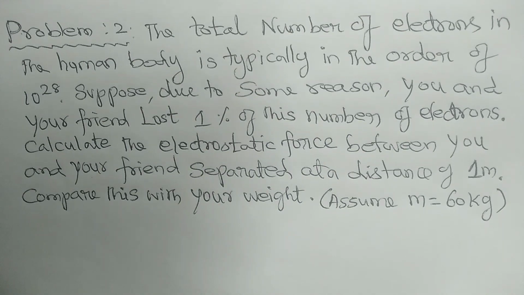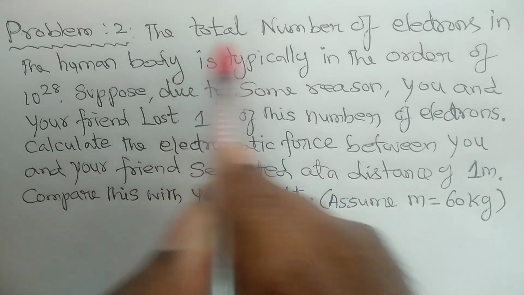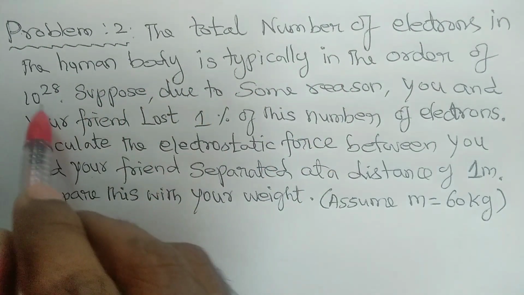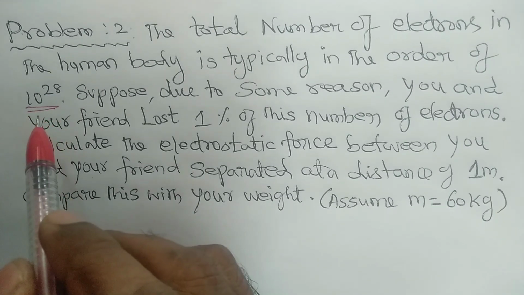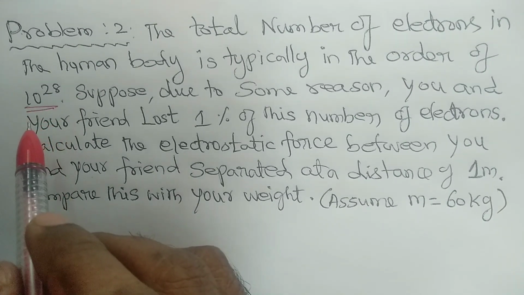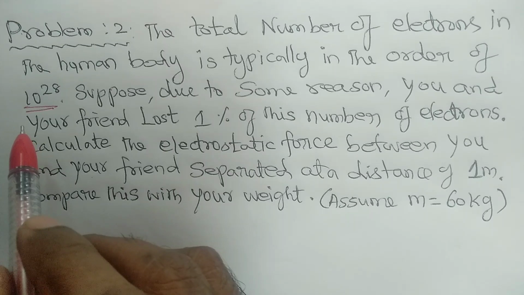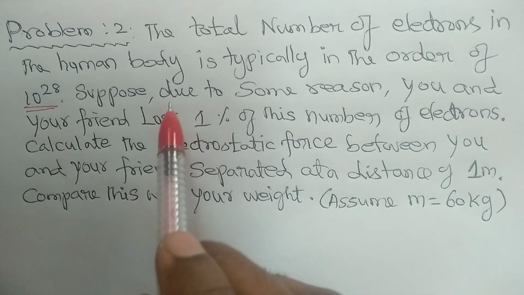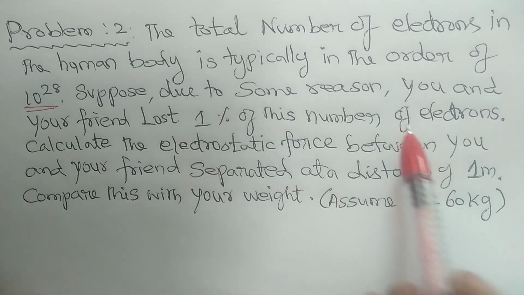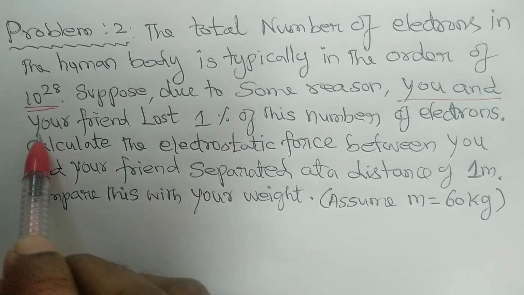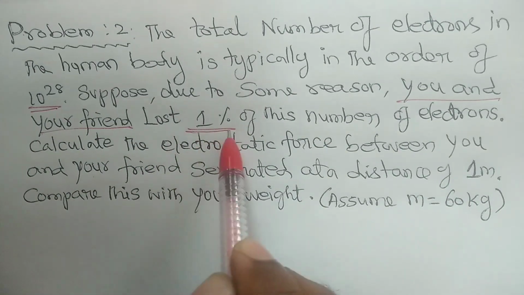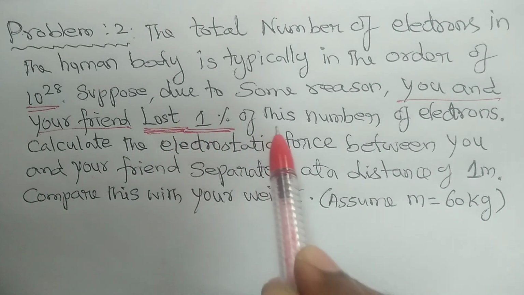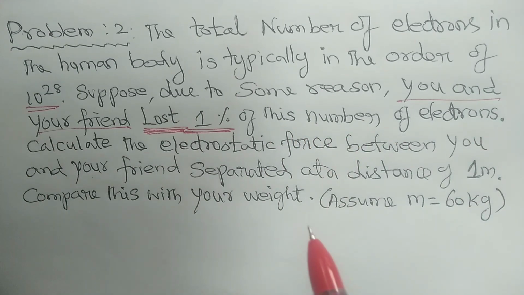So problem number 2. The total number of electrons in the human body is in the order of 10 power 28. Suppose due to some reason you and your friend lost 1%, so not gain, lost 1% of this number of electrons.